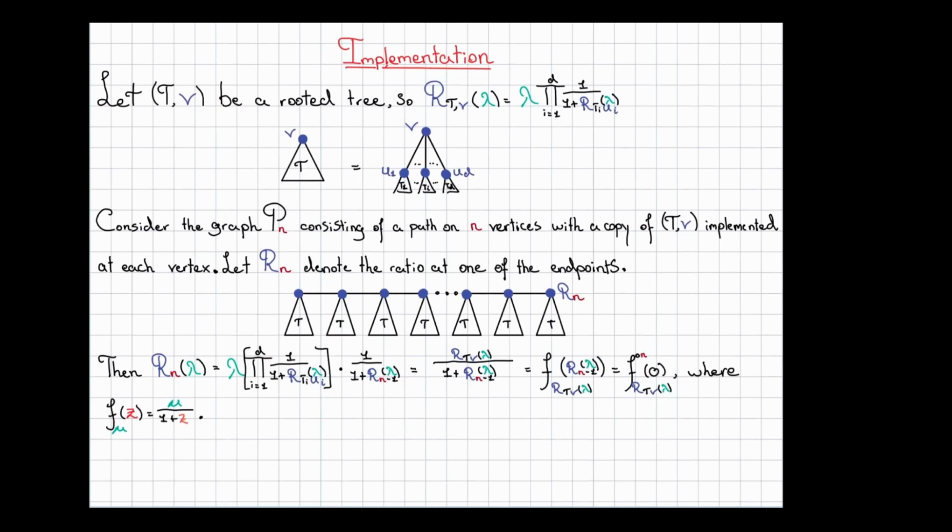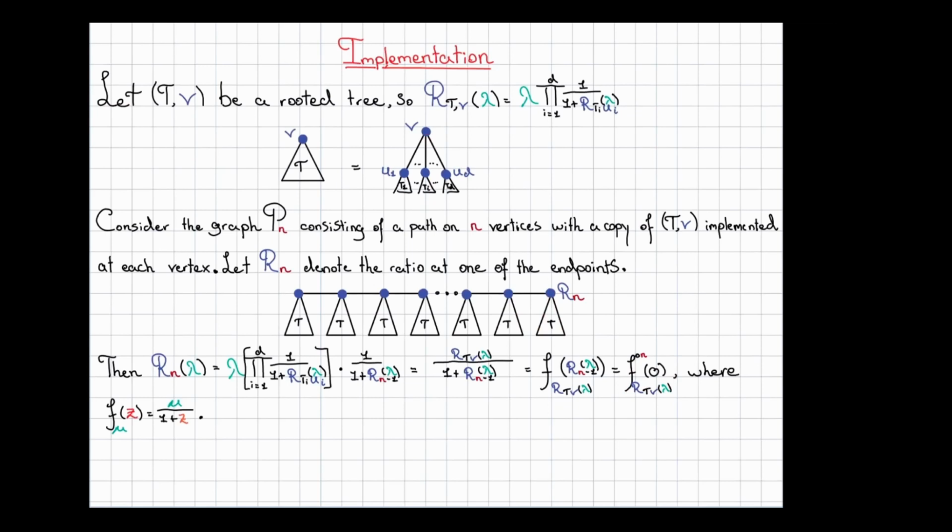And this is why it's called implementation. If I did not hang this tree on there on each vertex, the ratio here would just be this Möbius transformation iterated with parameter lambda, but I've changed the parameter lambda to be the ratio of this particular tree. And this is called implementation. We're implementing a particular parameter.